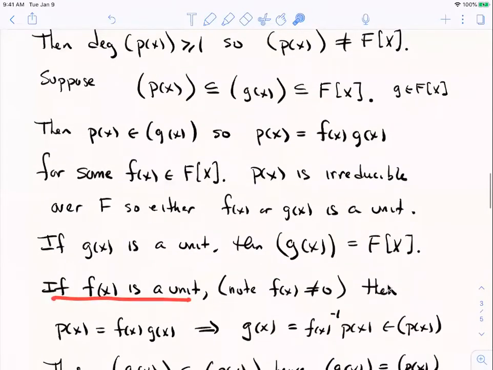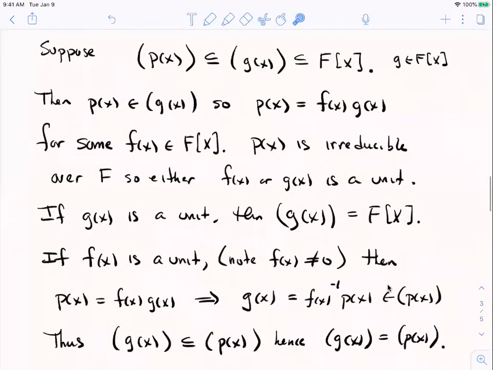So if F is a unit, and let's note, by the way, that F can't be 0, because if it were, P would be 0, but P is an irreducible polynomial. Its degree is at least 1. So F has to really be a unit. It's not 0. And then we can just take this equation, P equals FG, and multiply both sides by the inverse of F. I know I'm writing F of x, but remember, F is a unit. It's a constant polynomial, so it has an inverse.